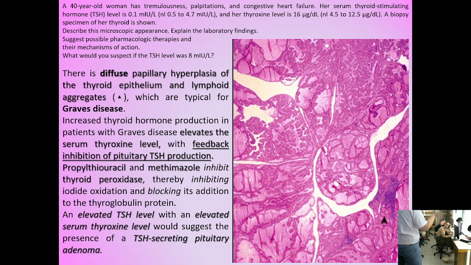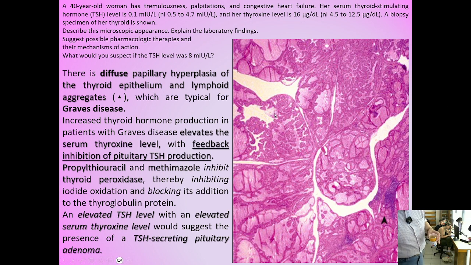But here we see the lymphocytic accumulations, we have signs of hyperfunctioning thyroid, and we have a diffuse enlargement. Neither of these is consistent with Hashimoto thyroiditis.